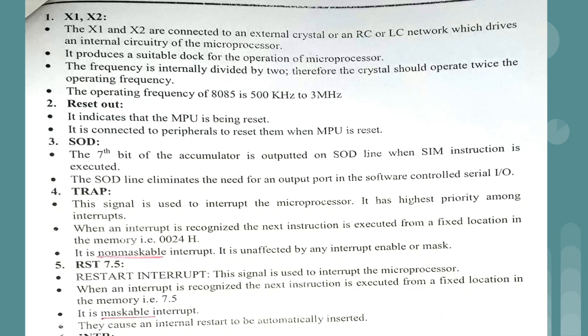Again, it interrupts the execution of the current program and jumps to memory location 5.5. So these three pins, RST 7.5, 6.5 and 5.5, are maskable interrupts. Because the name has the word restart, it will automatically restart the system without pressing reset.